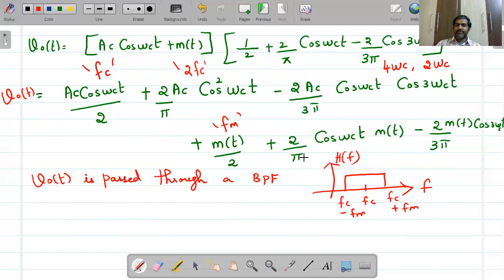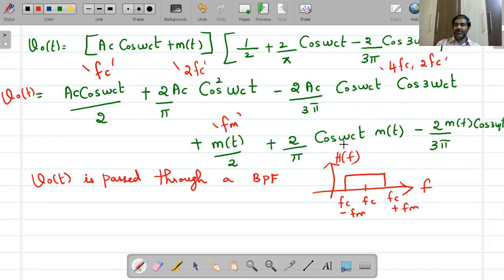Or we have considered here in terms of f, so it will become 4fc and 2fc. So this is your frequency component in this term.